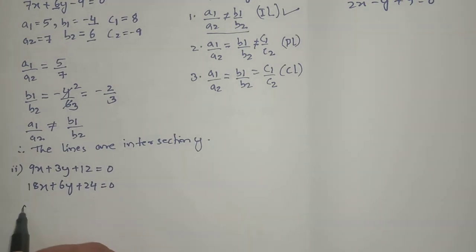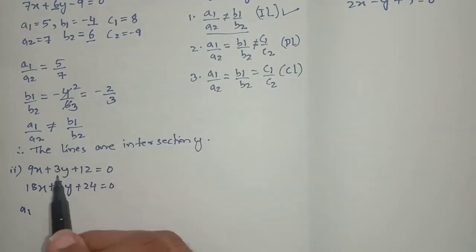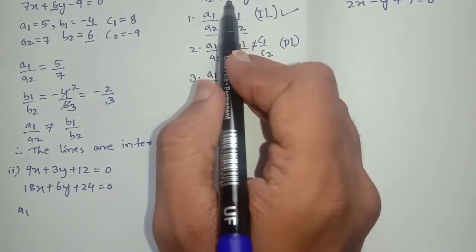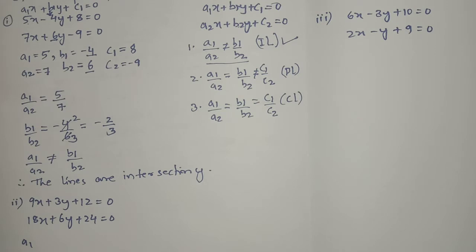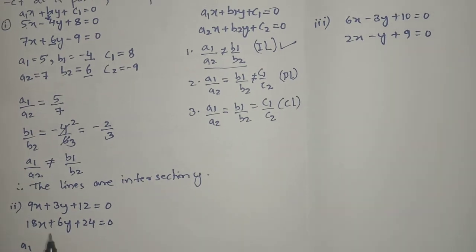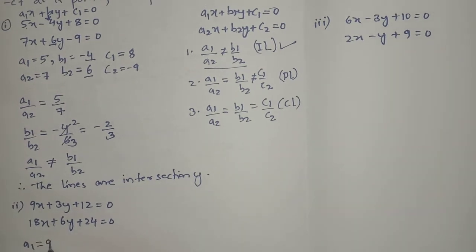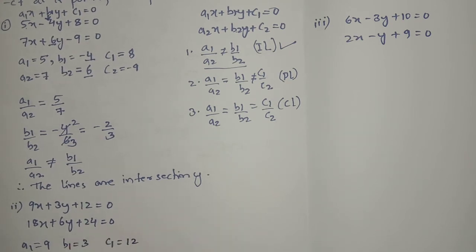Here, this is a1. You have to compare the first equation with the first, second with the second equation. Now a1 is equal to 9, b1 is equal to 3 and c1 is equal to 12. a2 is equal to 18, b2 is equal to 6 and c2 is equal to 24.